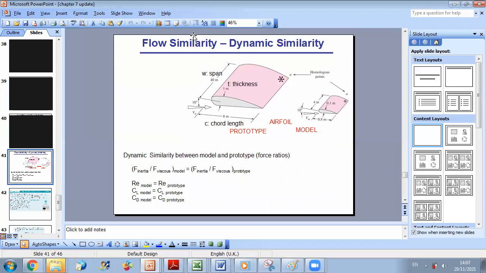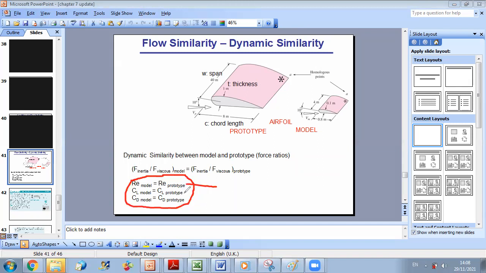So for example, we already have seen together that when you study flow over an object, the main dimensionless numbers involved will be the Reynolds number. And here you will be interested in drag and lift forces.